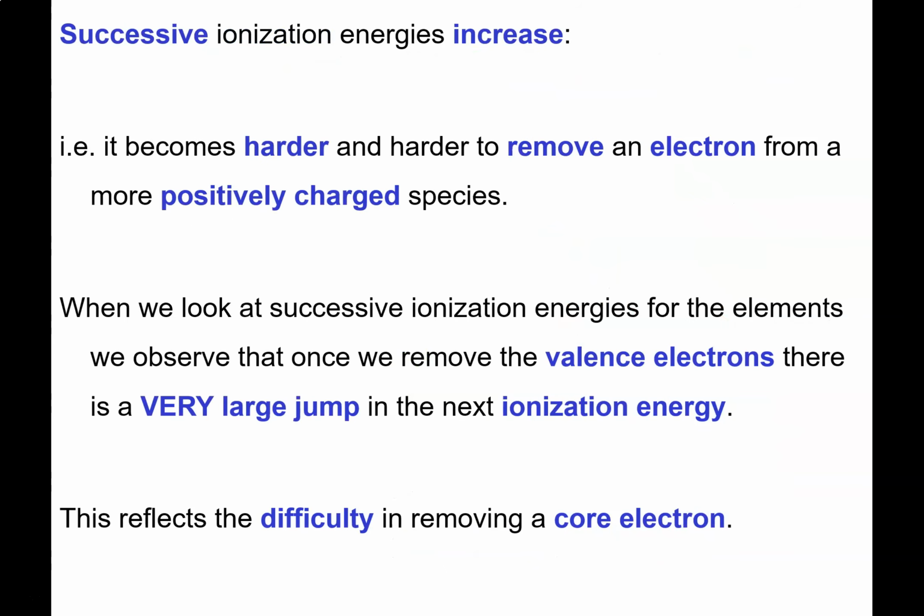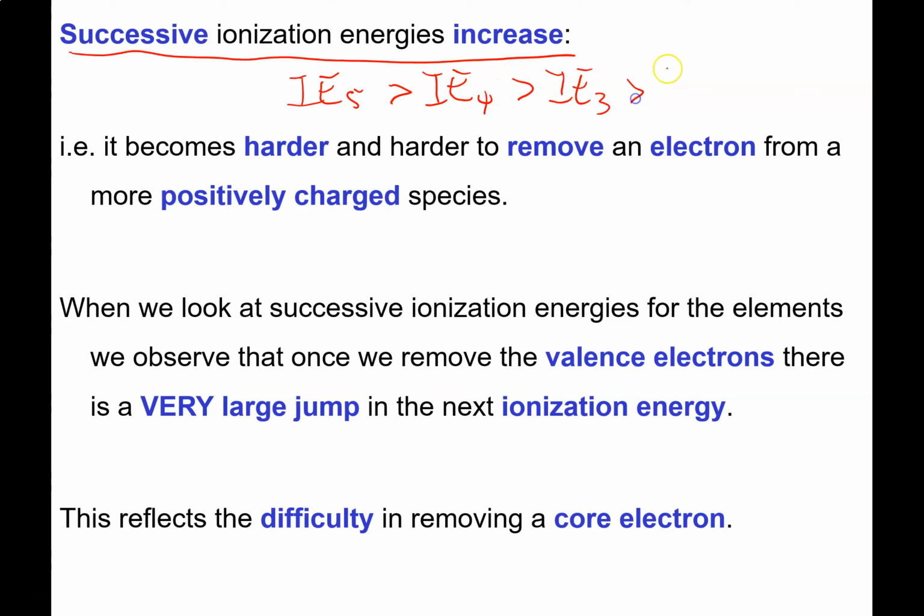We mentioned earlier that successive ionization energies increase. So, losing 5 electrons is going to be harder than losing the 4th electron, which will be harder than removing the 3rd, which will be harder than removing the 2nd, which will be harder than removing the 1st.